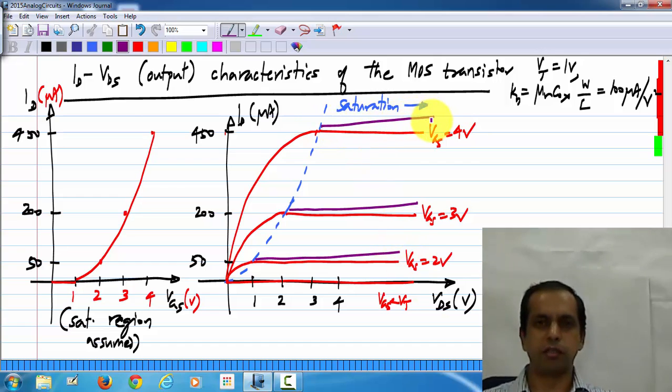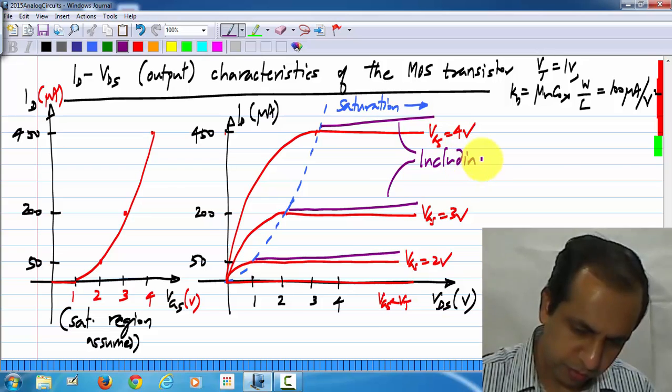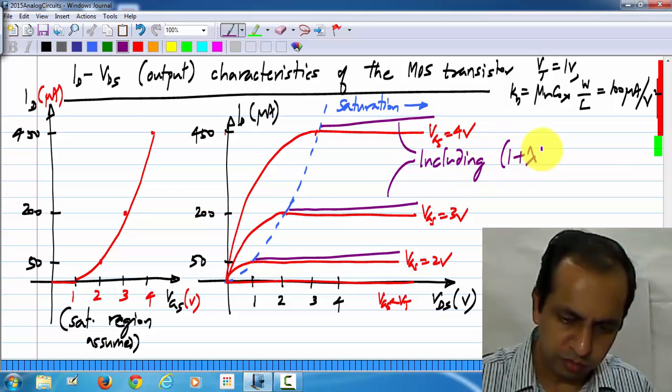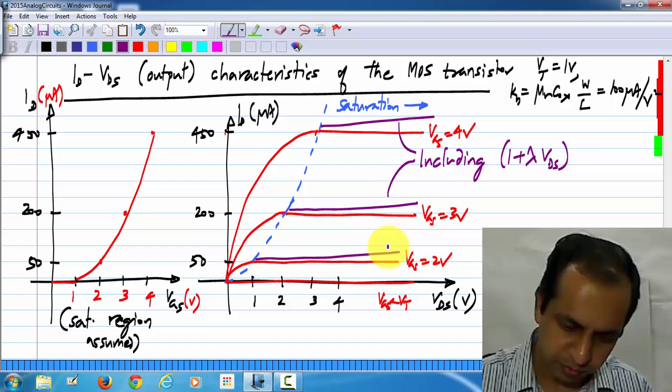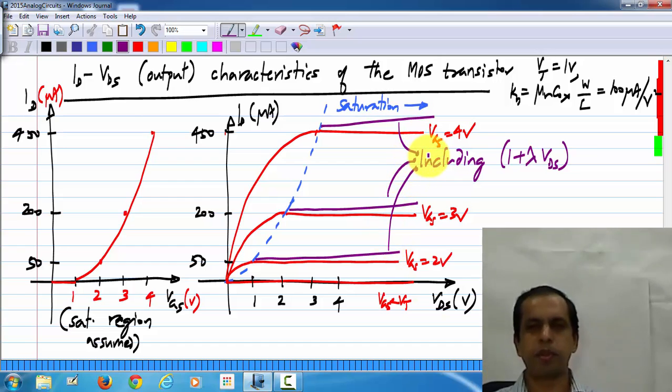So, that is what we get. This is including the factor 1 plus lambda VDS. So, this is the true characteristics of the MOS transistor.